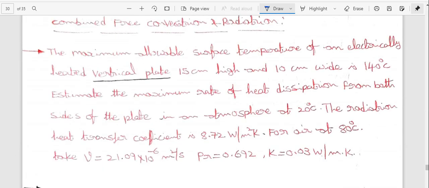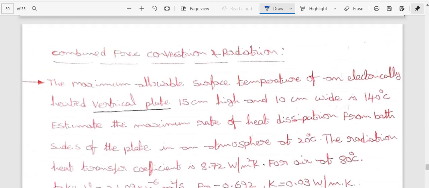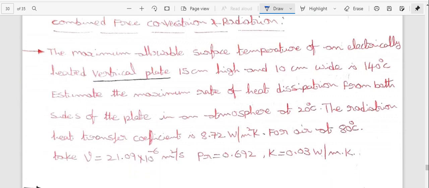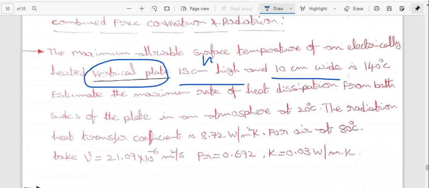Coming to the next question, the combined free convection and radiation problem. The maximum allowable surface temperature of an electrically heated vertical plate. This is the vertical plate concept, 15 centimeters height and 10 centimeters wide. The wall temperature is equal to 140.